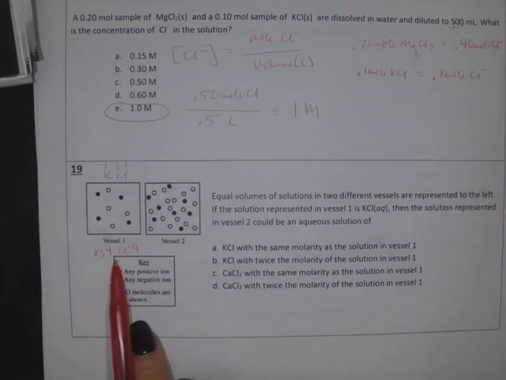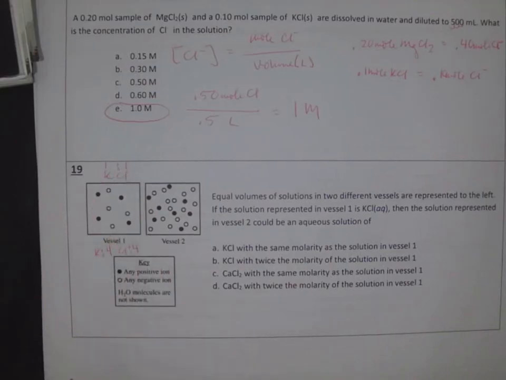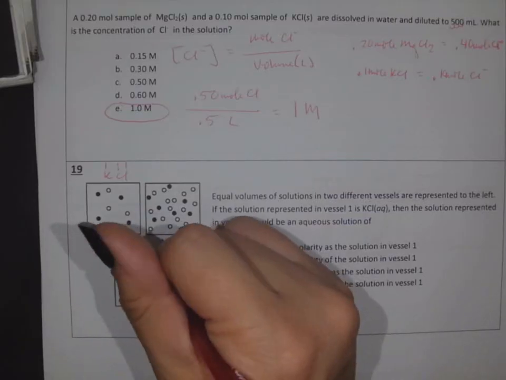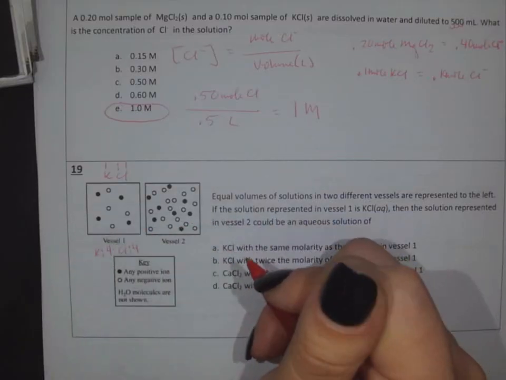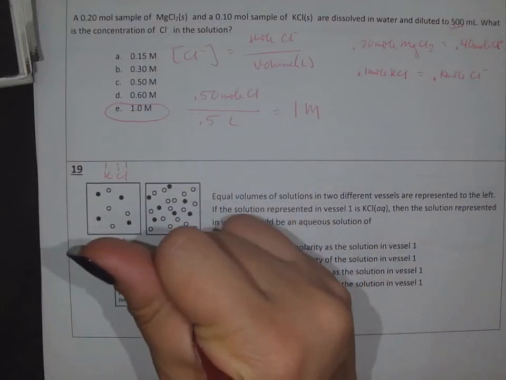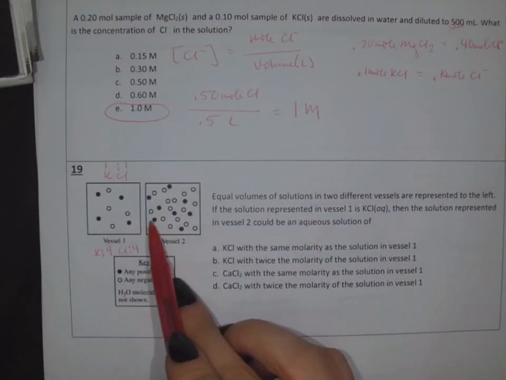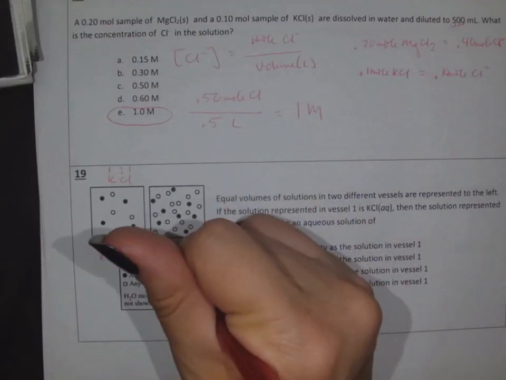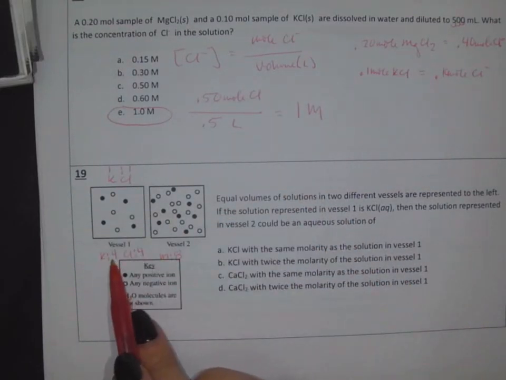This makes sense because if you reduce that down, we get a 1-to-1 ratio. Now in the other one here, we don't know what it is yet, but we know that our metal, which could be potassium or calcium, so I'm just going to do M for metal. We got 1, 2, 3, 4, 5, 6, 7, 8 of those, twice as many as in the other one.